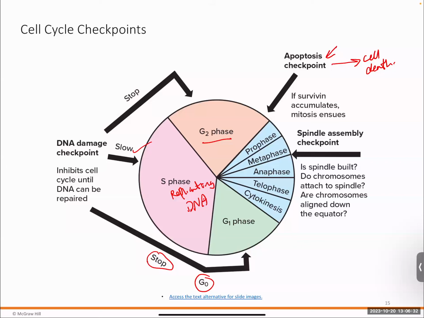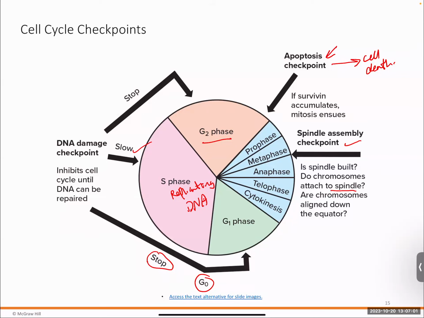As the spindles start to form and pull the genetic information in the right direction, we do check the spindle assembly to make sure that the DNA is not going to be pulled incorrectly to one cell or another. It is important to check that because you want to make sure that the spindles are attached. If they're not attached, then the chromosomes get pulled to the wrong side.